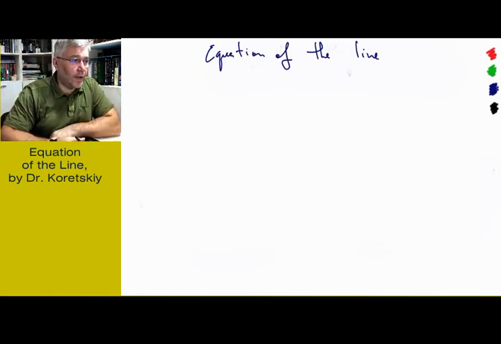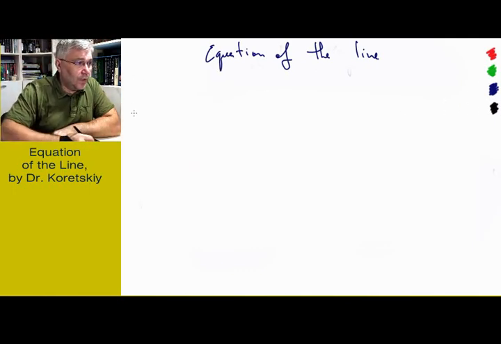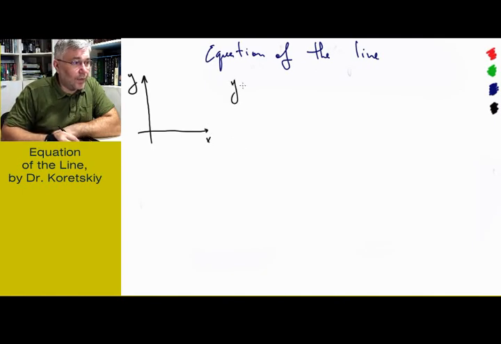So, equation of the line. At school I know that you were used to some linear function in the xy coordinate system. So y equals something like b plus kx.